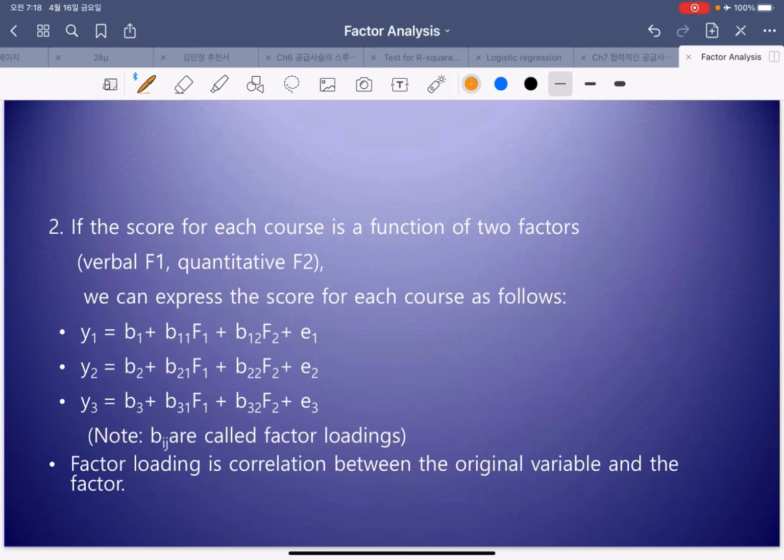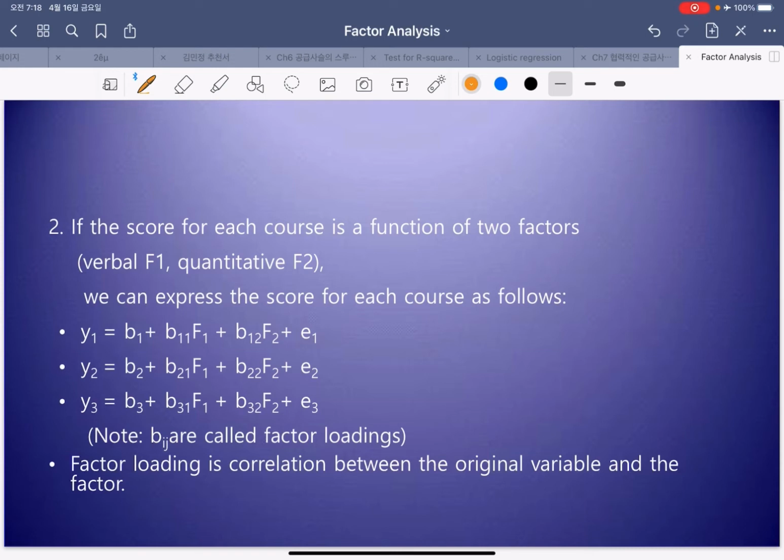Now suppose that the score for each course is a function of two factors. One is verbal and the other one is quantitative, right? So you can write the scores in terms of these factors, right?